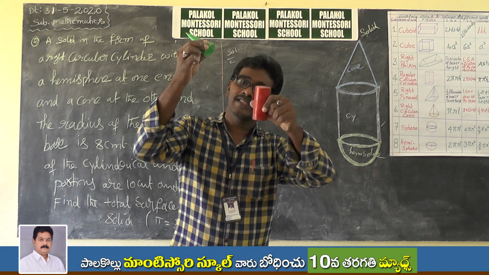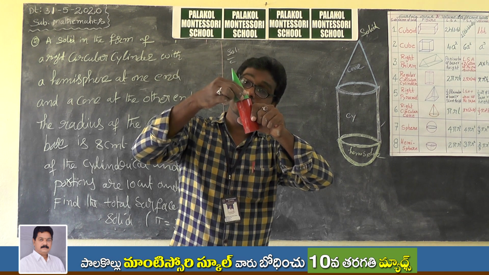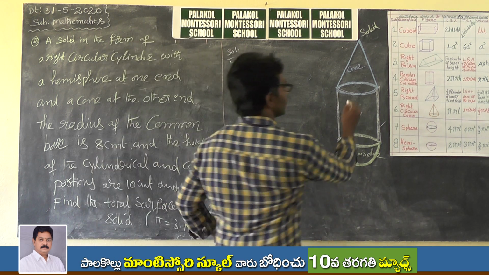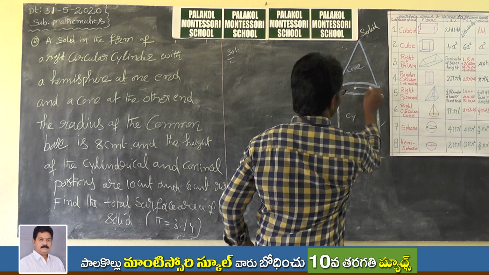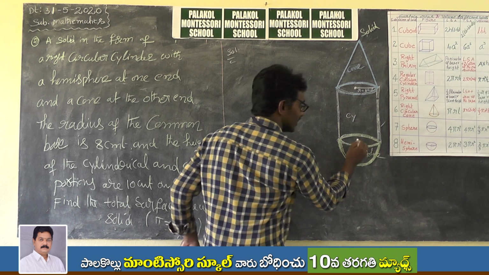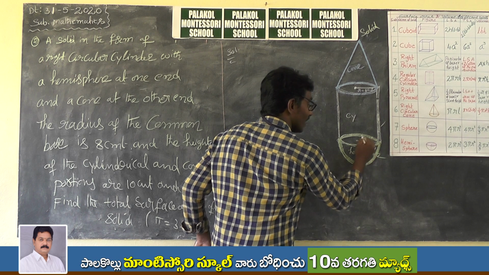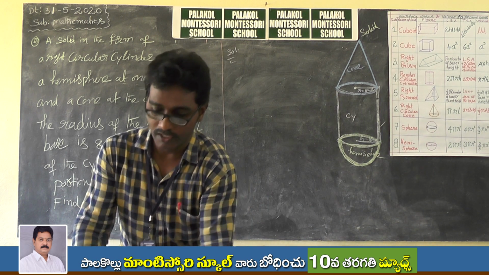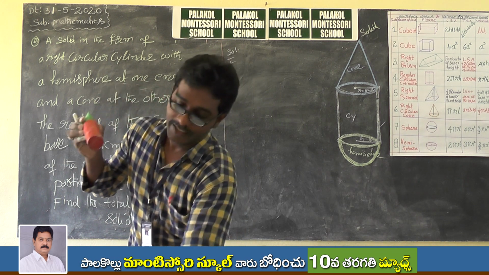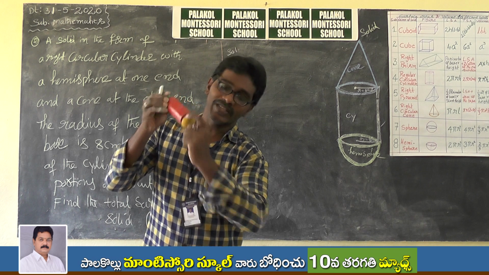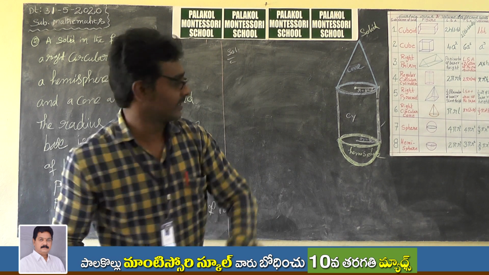This portion and this portion meet, and that is called the common base. The radius is given. How much radius? That one is 8 centimeters, so this is also 8 centimeters, because it is common. The downside is a circle, it is also a circle, and it joins. It's common, so the radius is also 8 centimeters.